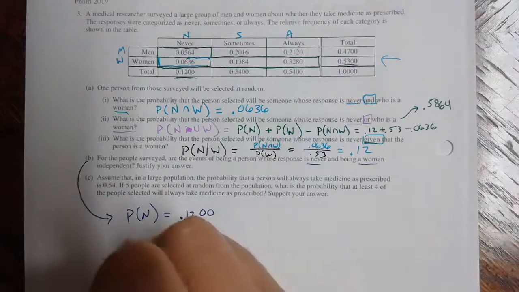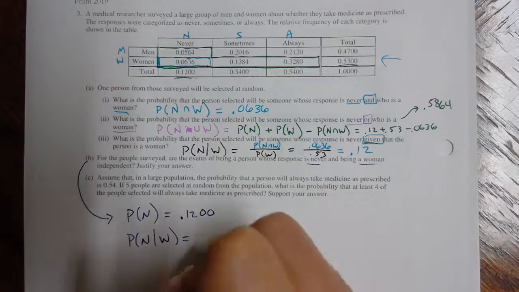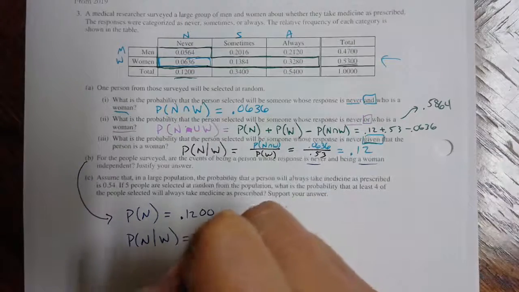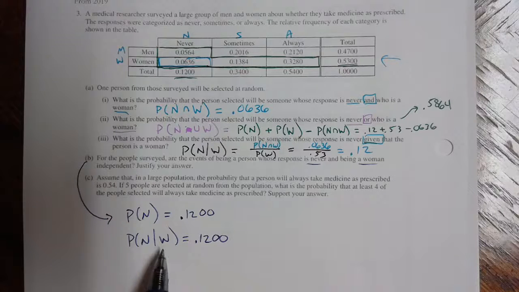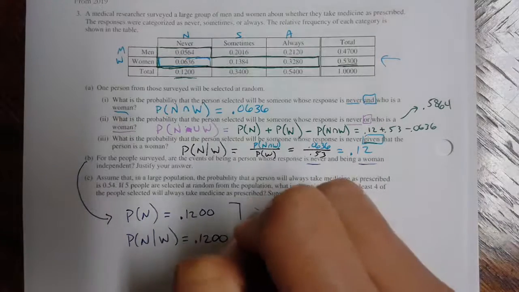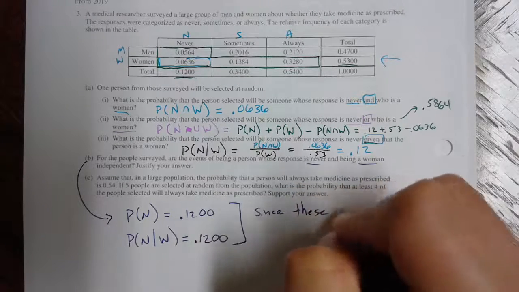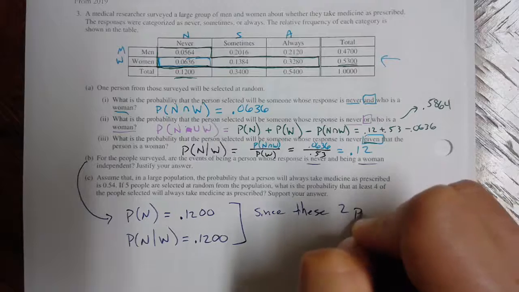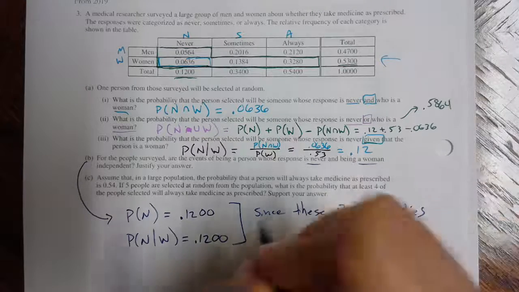And then what we also found was that the probability of never taking your medicine just out of the women, also 12%. So what that tells us is that basically the condition of being in the group of women, it doesn't change the probability that you never take your medication. And this means that since these two probabilities are equal, these two events are independent.